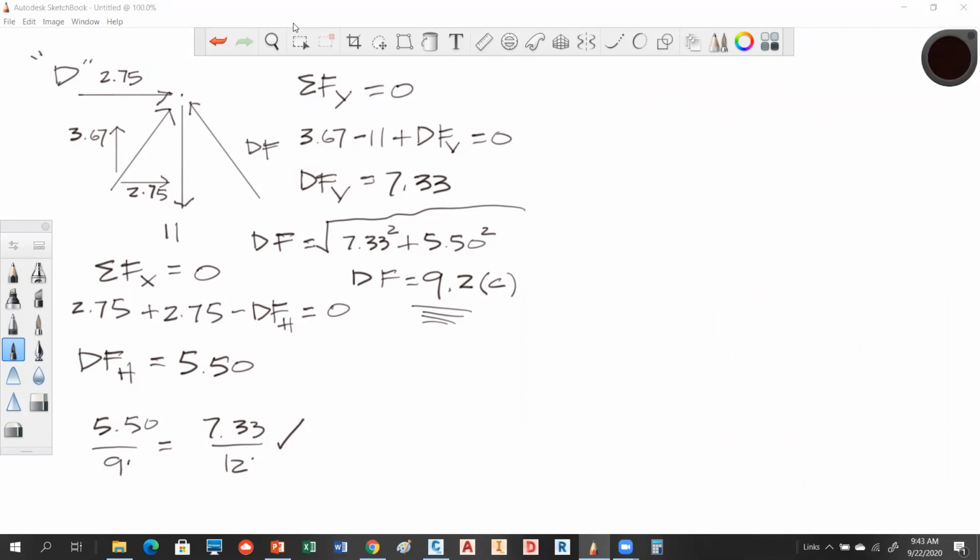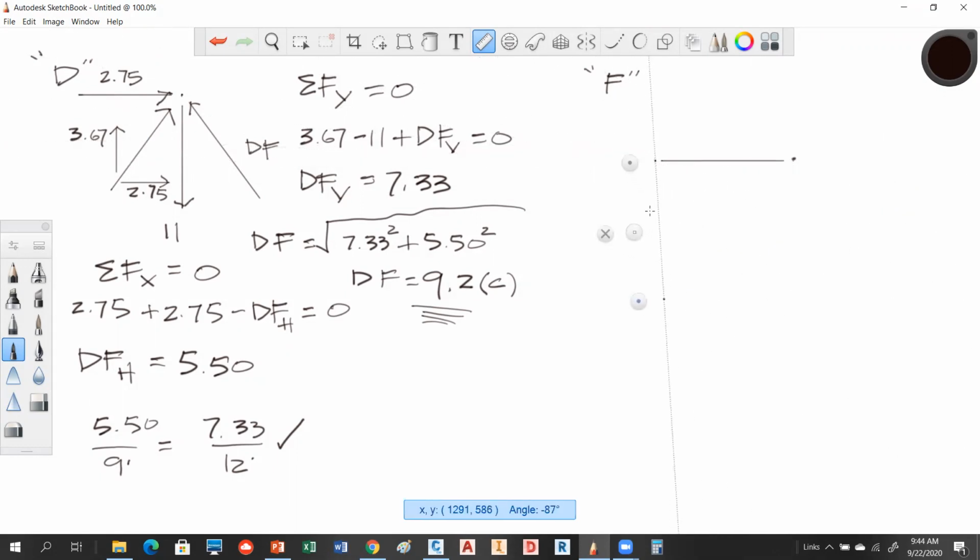Close that. So the last joint I need to go to now is joint F. This is my joint right there. I have no vertical components on this. I do. I take that back. I do have a vertical.